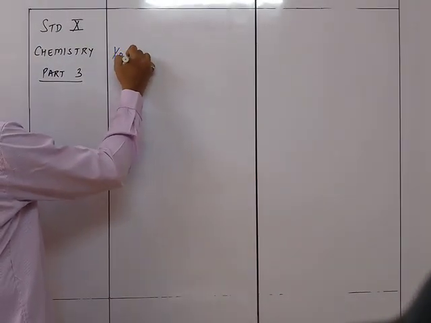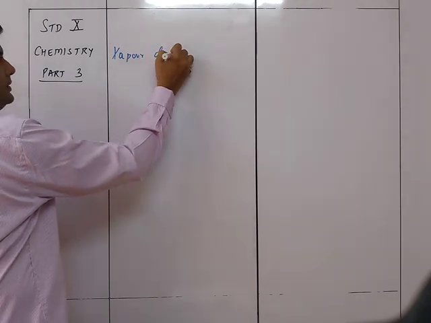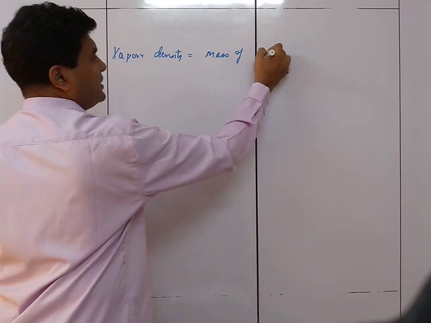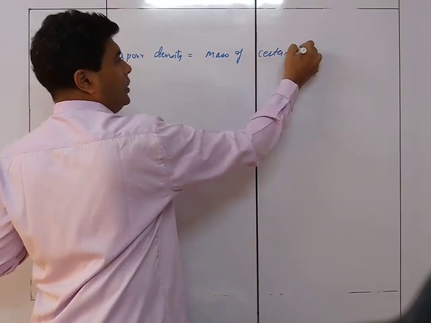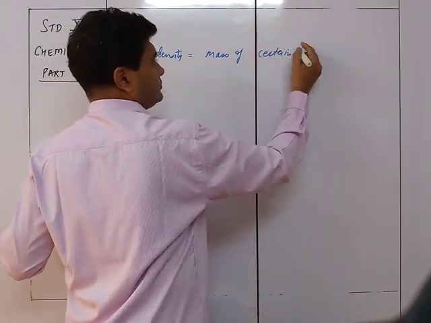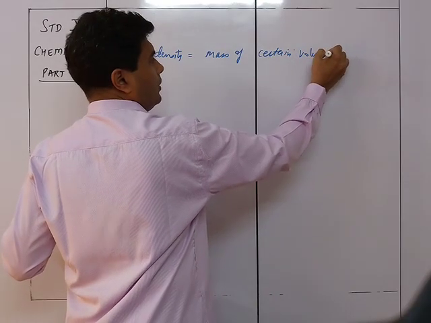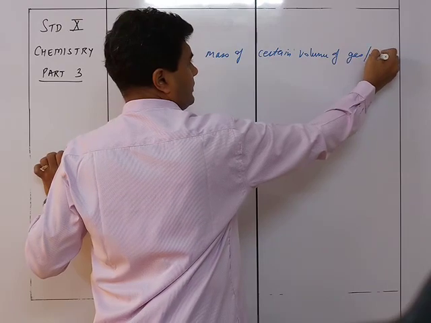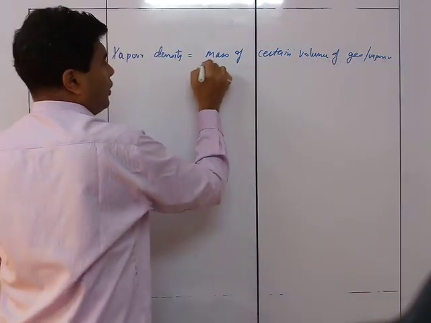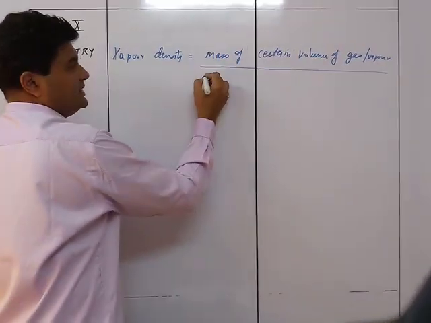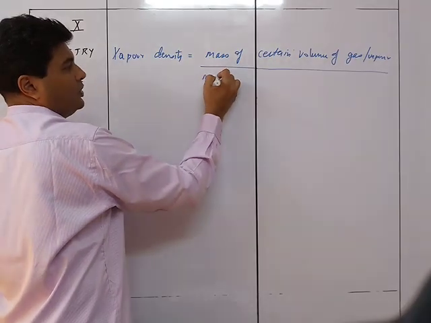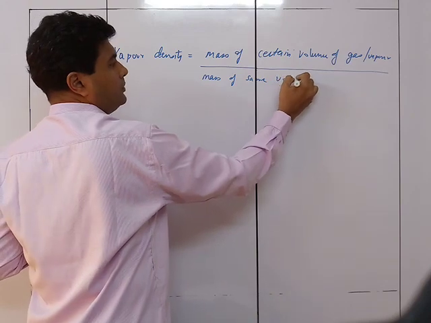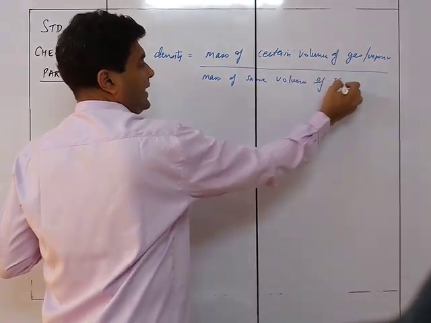Vapor density is equal to the mass of a certain volume of gas or vapor upon the mass of the same volume of hydrogen gas.